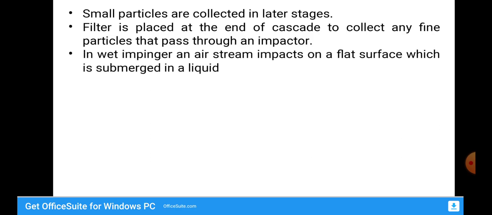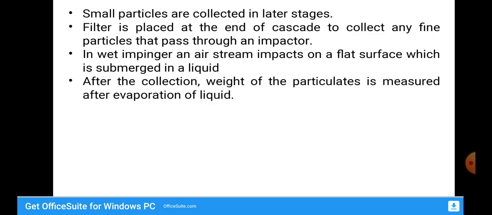In a wet impinger, the air stream impacts a flat surface which is submerged in liquid. So in wet impingers, after sampling is over, the weight of particulates can be measured by evaporation of the liquid.